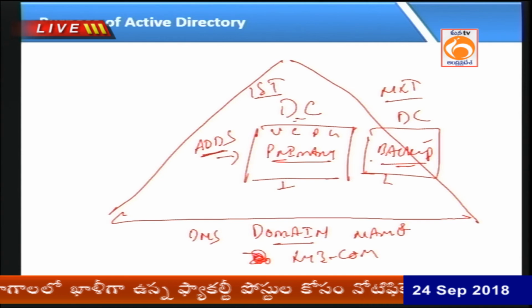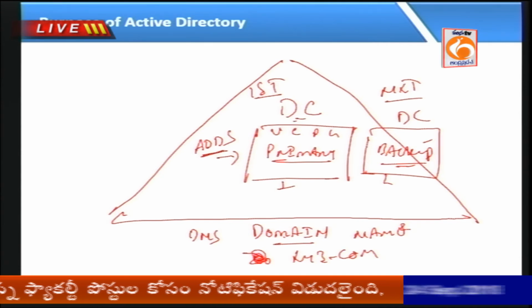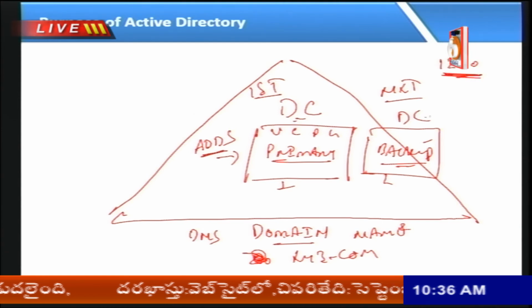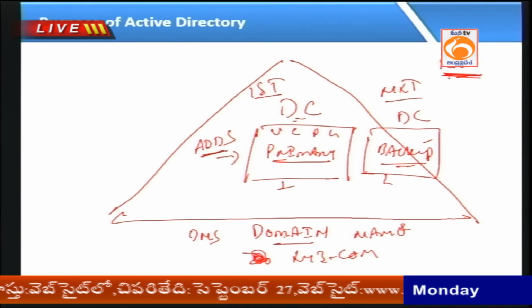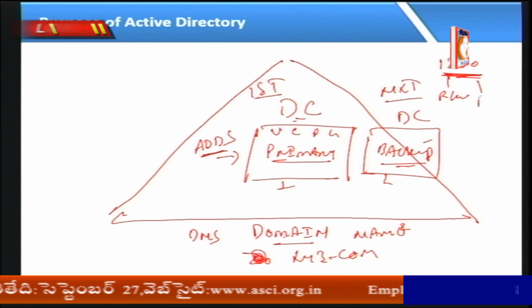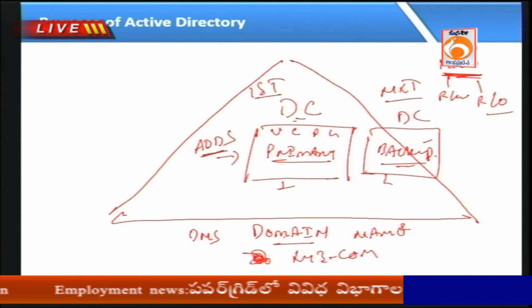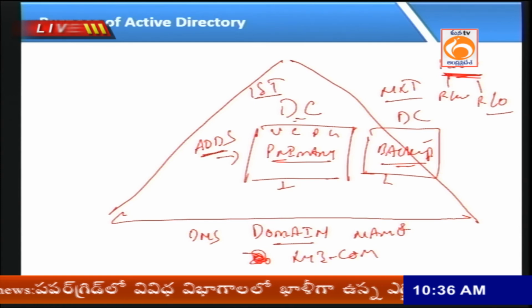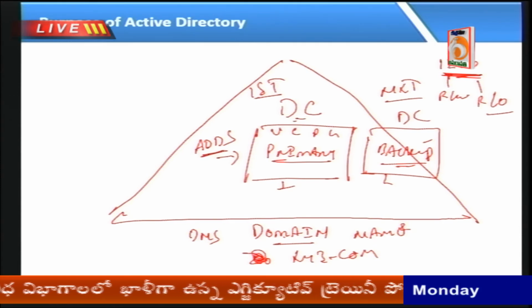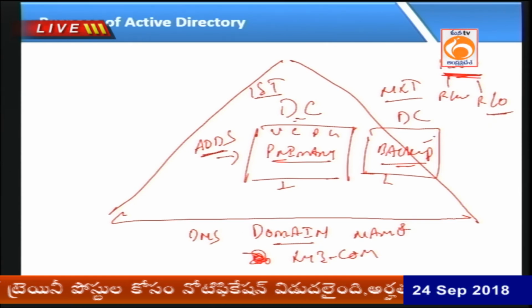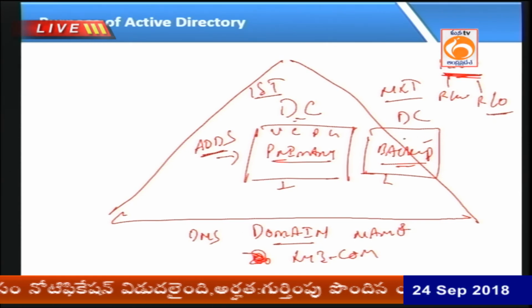There will be only one primary in the domain, but you can have multiple backups, a maximum of 1200. But in this 1200, some servers can be read and write, some can be read only. Read only is generally for branch offices. Maybe you have a head office, and in the branch office you need a server. The branch office doesn't need a read and write server, so we configure a read only server, which I will talk about in detail later.